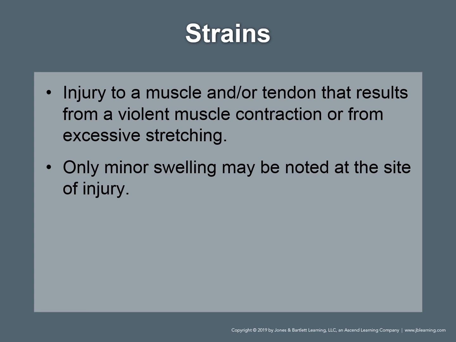You'll see those signs and symptoms, and we call it pallor, which is paleness, paresthesia, which is numbness, pain, which hurts, and paralysis. And we treat these injuries using an acronym called RICE: rest, ice, compression, which is where you wrap it with an ACE wrap, and then elevation. And so we want to make sure that we're doing that, and we can also splint those extremities to prevent further damage.